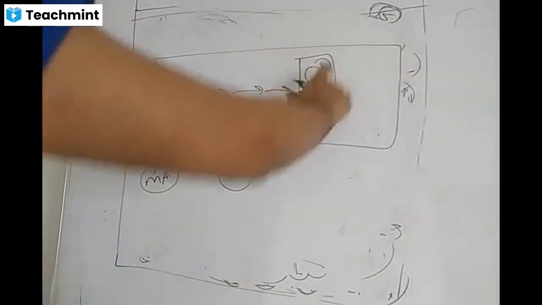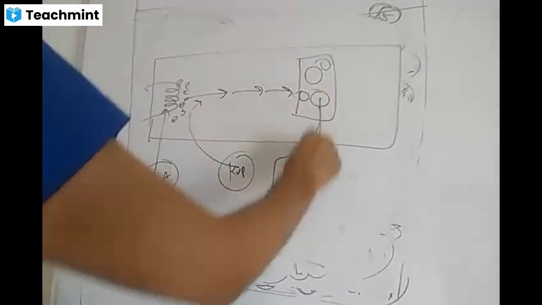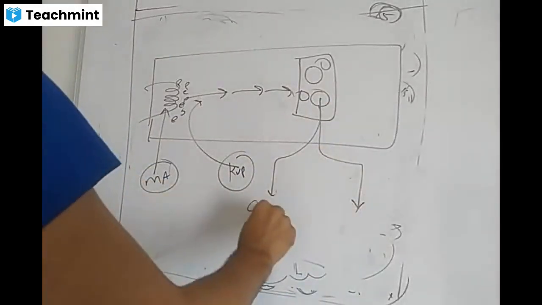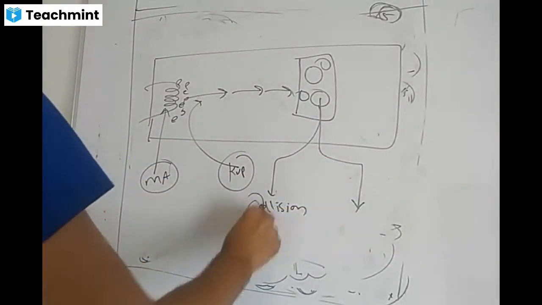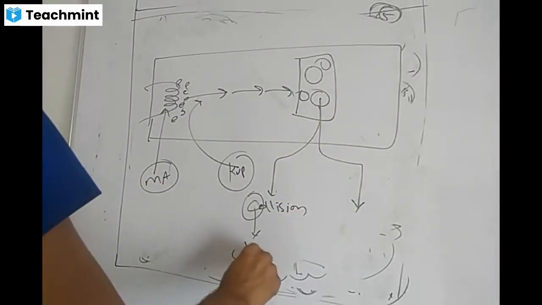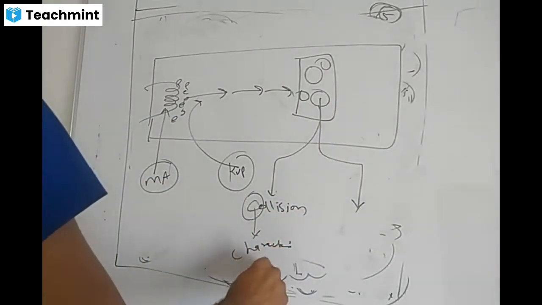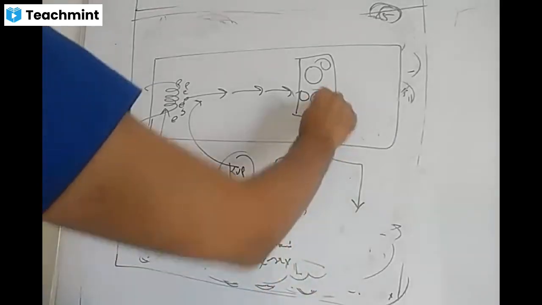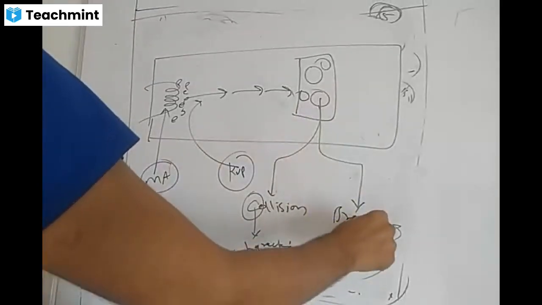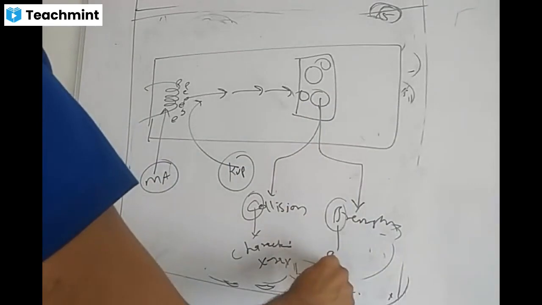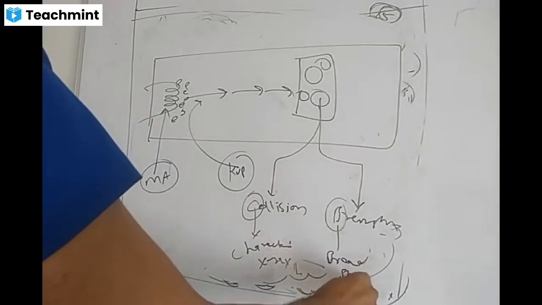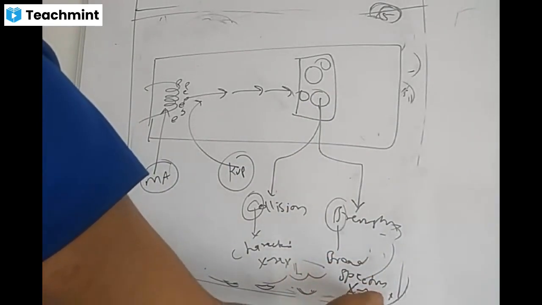After reaching this point, there will be two types of interaction. That may be collision. C for collision. C will produce C, characteristic X-ray. And second is Bremsstrahlung. B for B, it will produce broad spectrum X-ray.